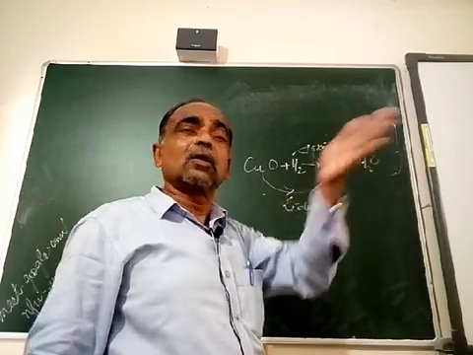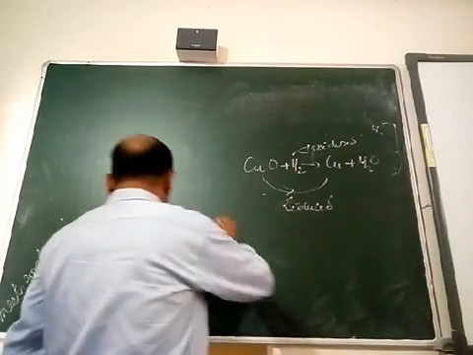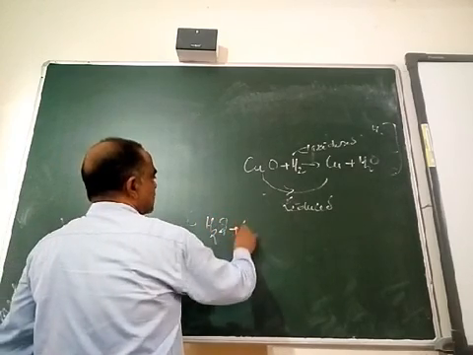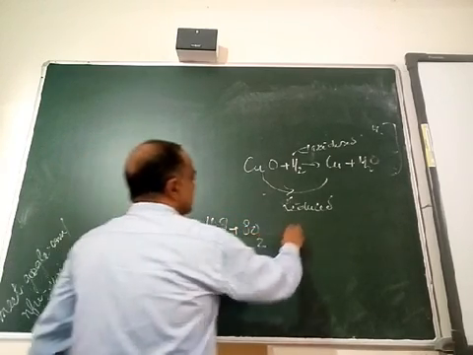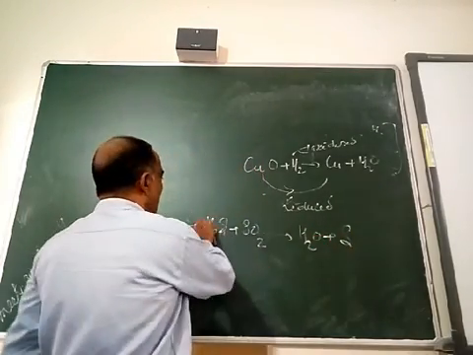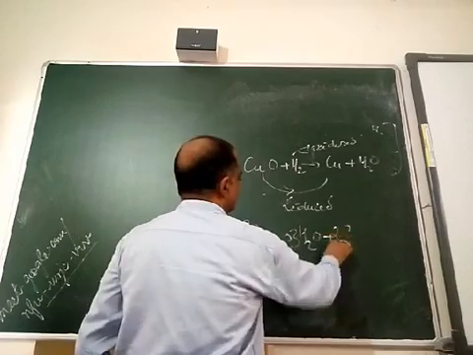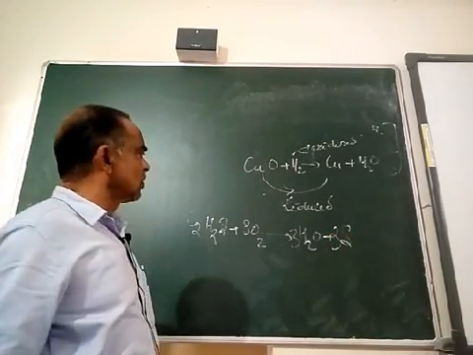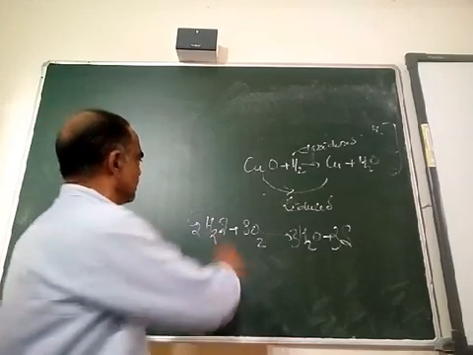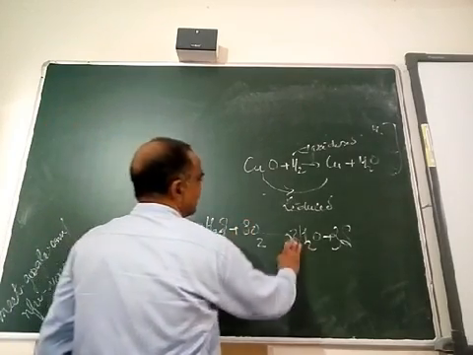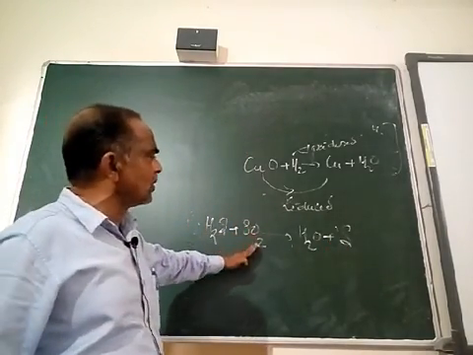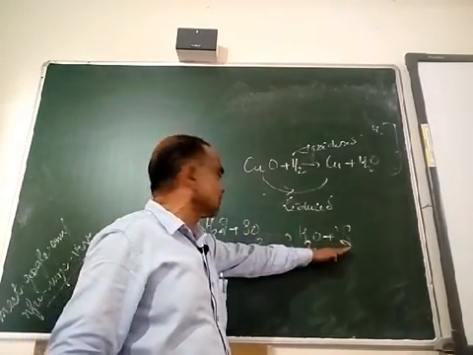This is on account of examples regarding hydrogen and oxygen. One more example. When H2S combines with SO2, we will be getting H2O plus S. Balancing it, 2H2S plus SO2 will give 2H2O plus 3S.